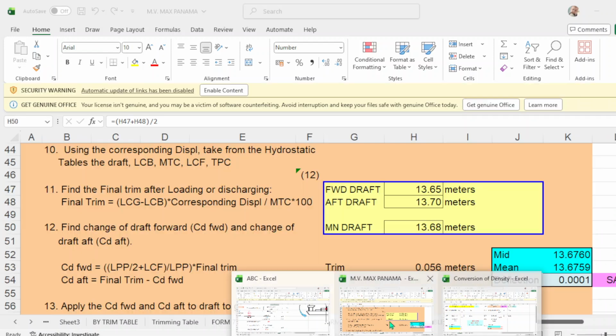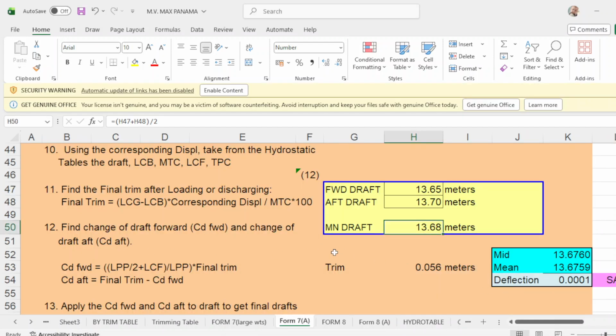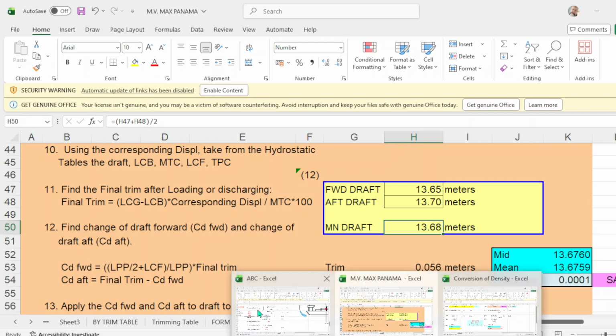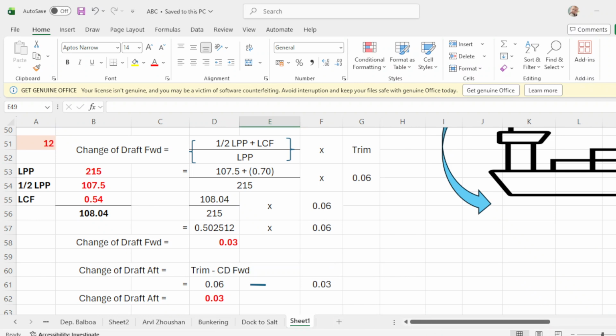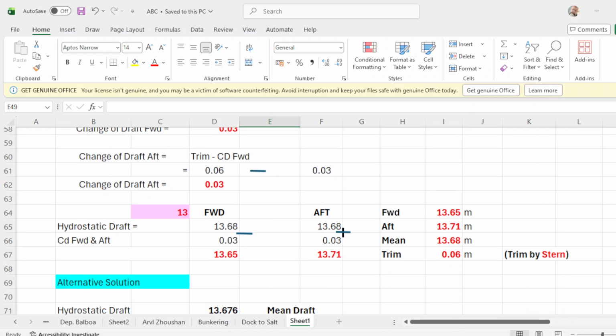Then the forward and aft drafts will be computed in 13. Now you apply your mean draft. Your mean draft is 13.68. That is your mean draft.